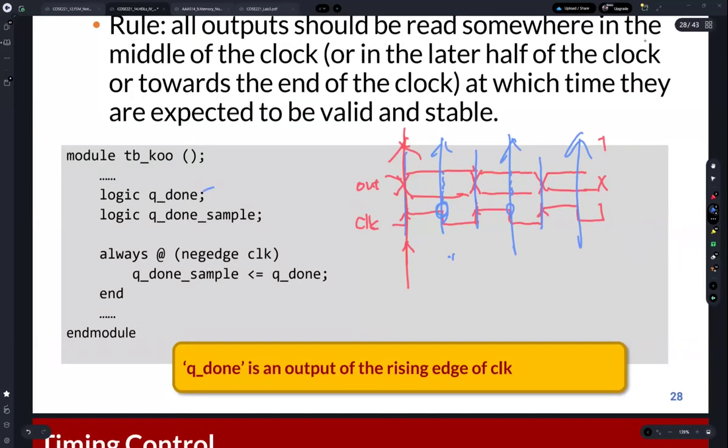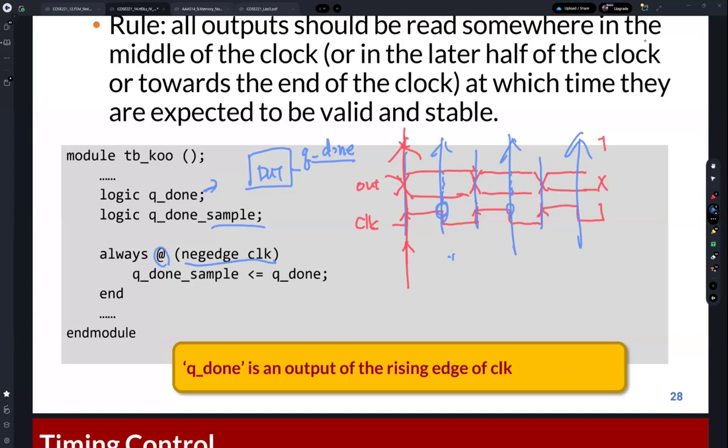Q_bottom is the output signal from the DUT. So this is the DUT, and the DUT will generate the Q_bottom signal. This is the output port, and you can also find Q_bottom_sample. It means I will sample this Q_bottom output signal. Here you can find the negative edge flag.